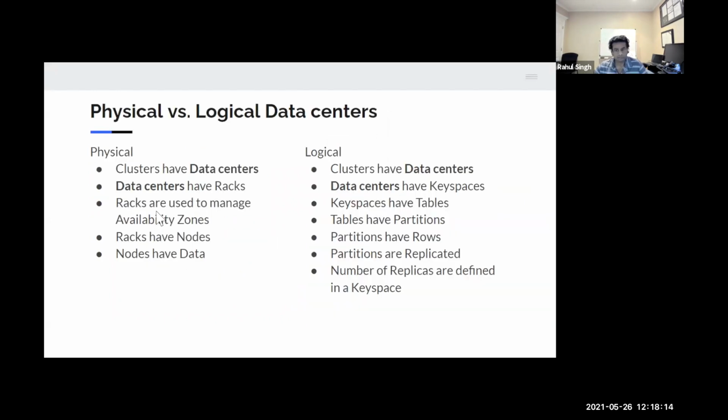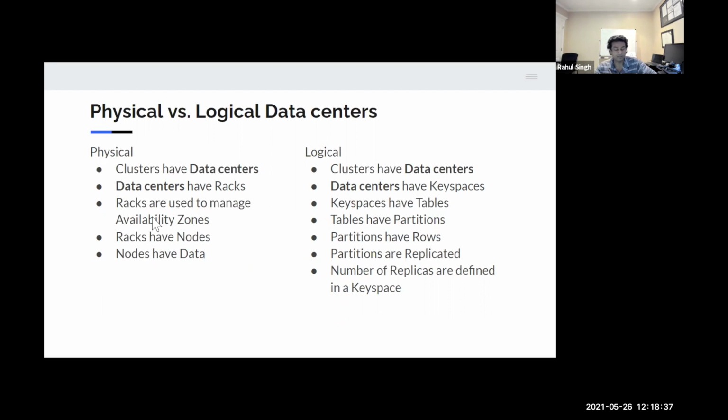So just a review of kind of like logical versus physical data centers. And I've put the same line in both, which is clusters have data centers. So you can have a cluster that is physically distributed, right? And those data centers have racks. Racks are used to manage availability zones.